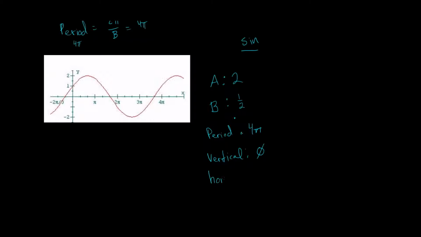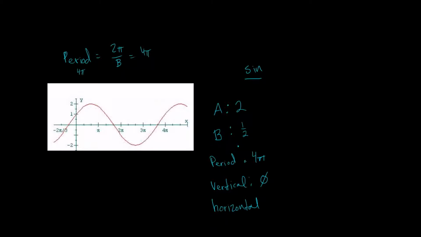And now if I look at a horizontal shift, well, I said this is a sine function, and you'll start to see here how it gets a little complicated. So let's say my original sine function looked a little like that. So I can say maybe it got shifted to the left a little bit, right?